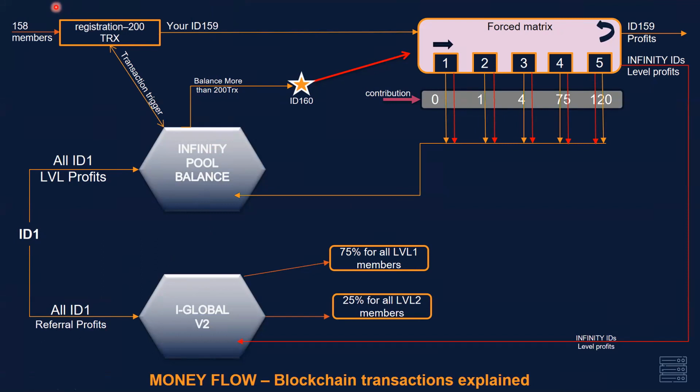You open the website, you see there are 158 IDs already created. So when you register for 200, you will get the next ID, hopefully, if there is no other transaction within the smart contract at that moment. Let's say there is no other transaction. 158, you click, you register, you get your ID 159. As you can see here, you get your ID 159.